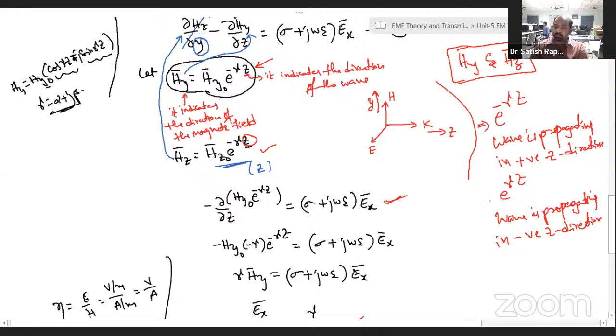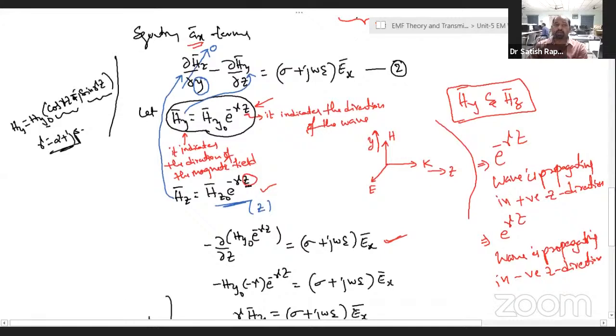So the minus sign means the wave is propagating in the positive z direction, and the plus sign means it is propagating in the negative z direction. Therefore, since I'm assuming that the wave is propagating in the positive z direction, here is the minus sign, e power minus gamma z.